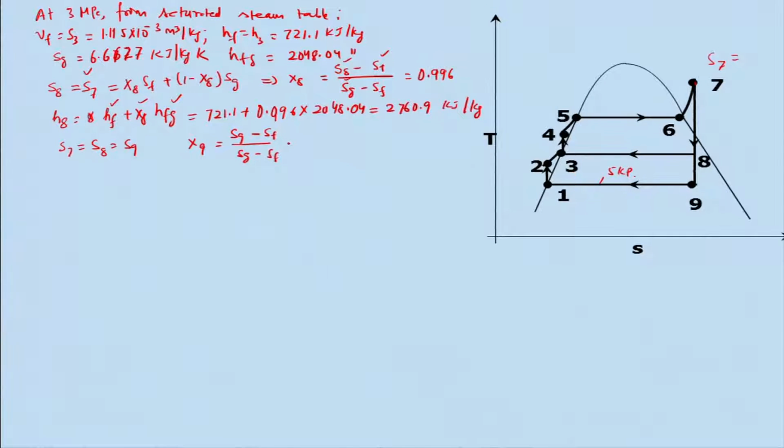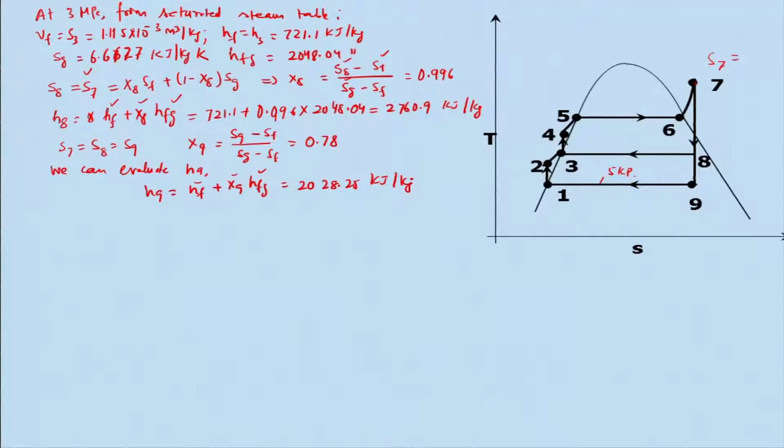When you put that, you will get 0.78. Are you getting it? Similarly, we can evaluate H9 as H9 is equal to HF plus X9 HFG, and we know these values. So, you will get 2028.25 kilojoule per kg.